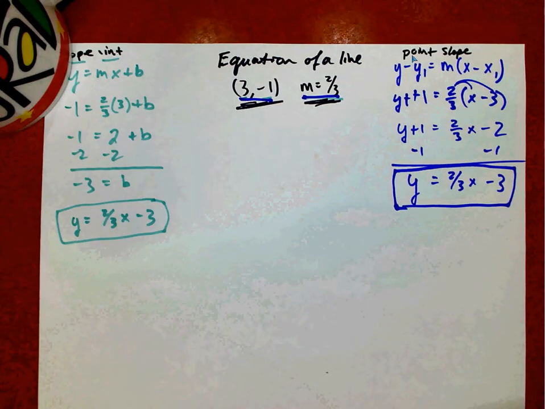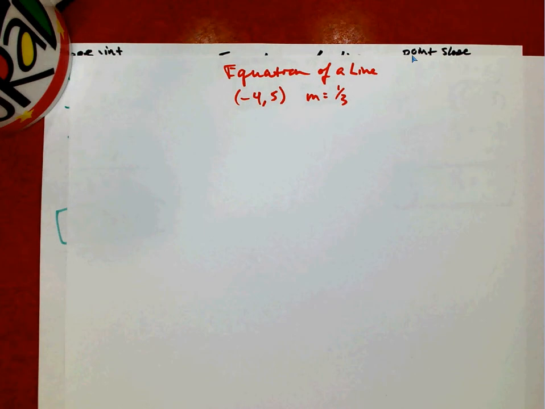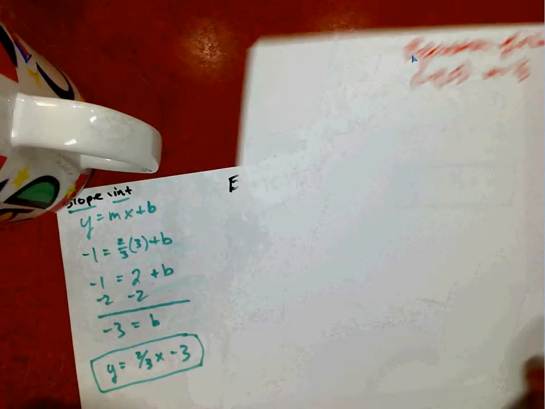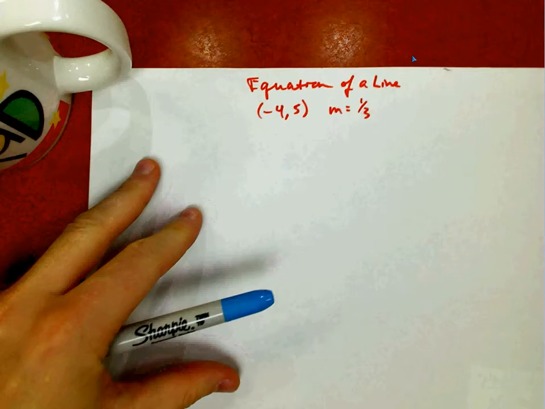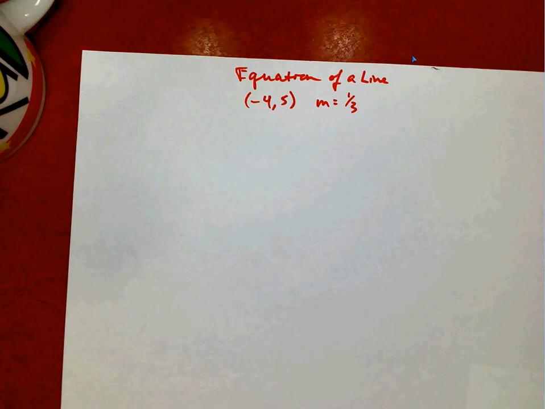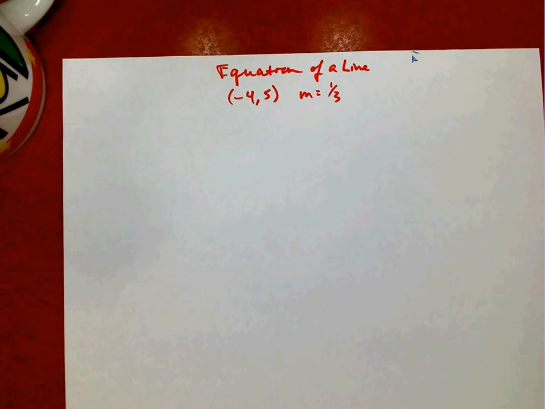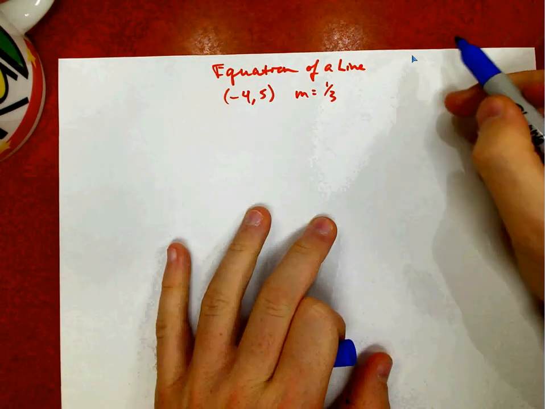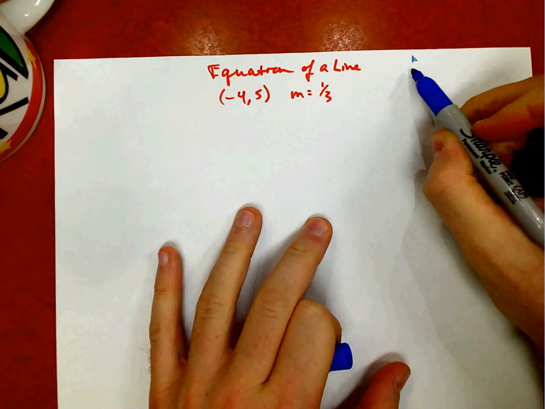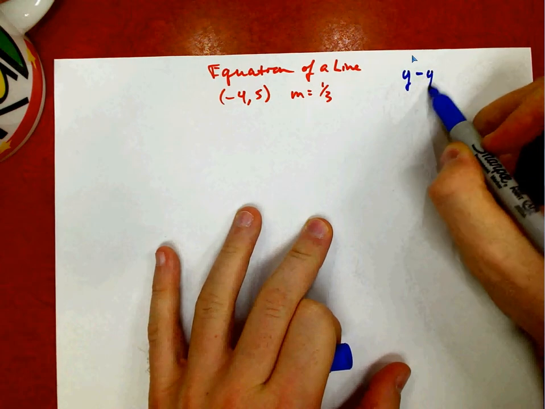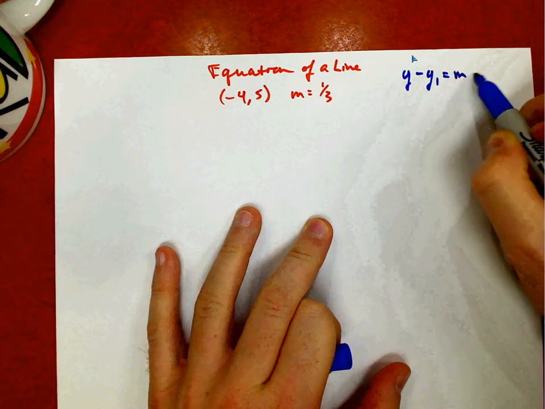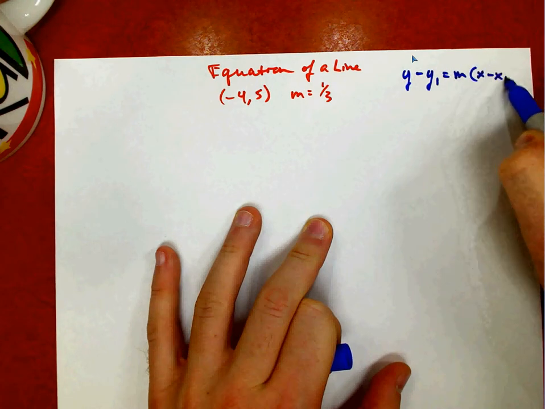So let's try another one. Let's say now our line goes through the point -4, 5, but has a slope of 1/3. So let's do it in point-slope form first. y minus y1 is equal to m times x minus x1.